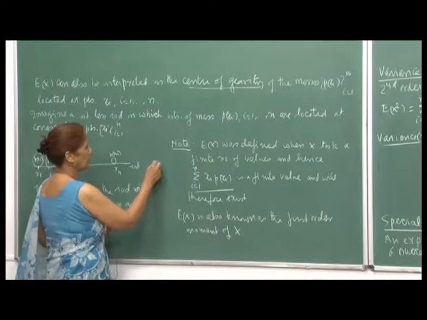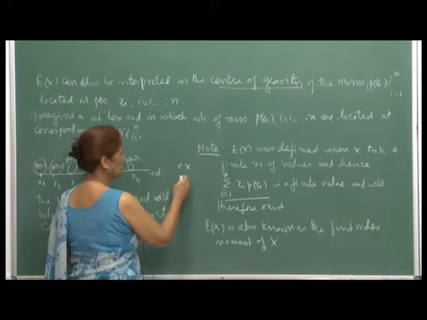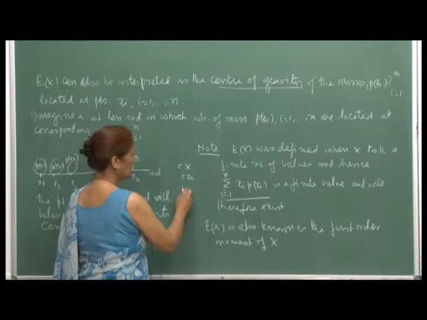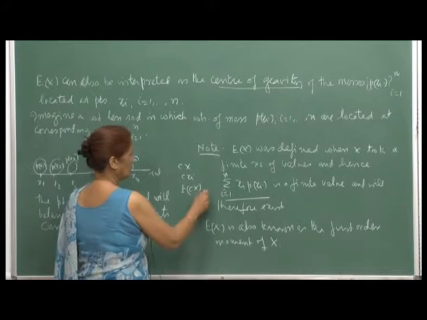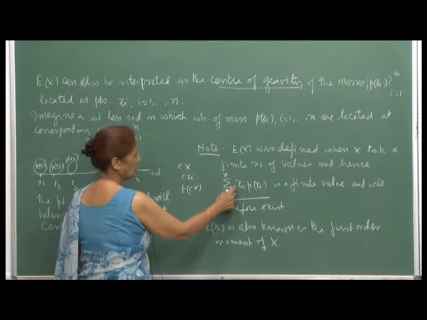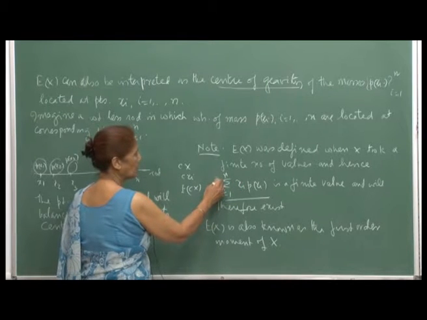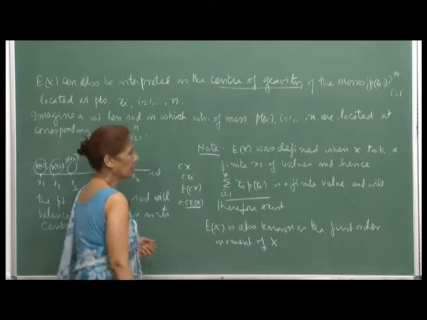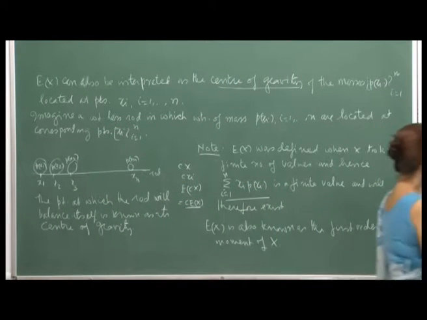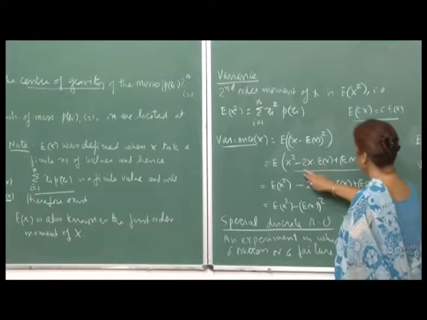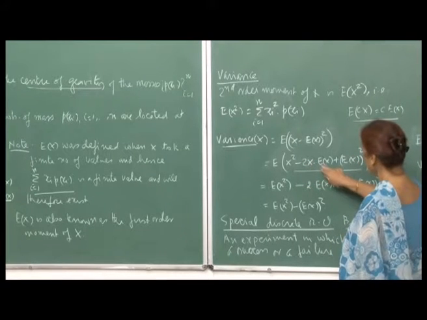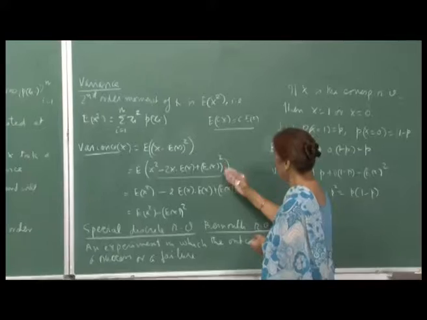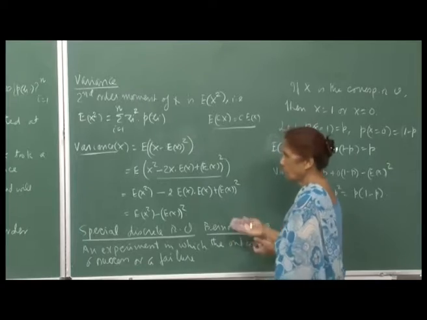If I consider the random variable Cx instead, then Cx will take the values C x_i. C is present here, but since C is a constant, it will come out, and so this will simply be C times E[x]. Therefore, when I take E inside, this will be twice E[x] into E[x], then this is again a constant. So, this will simply be E[x] square, there will be no expectation.